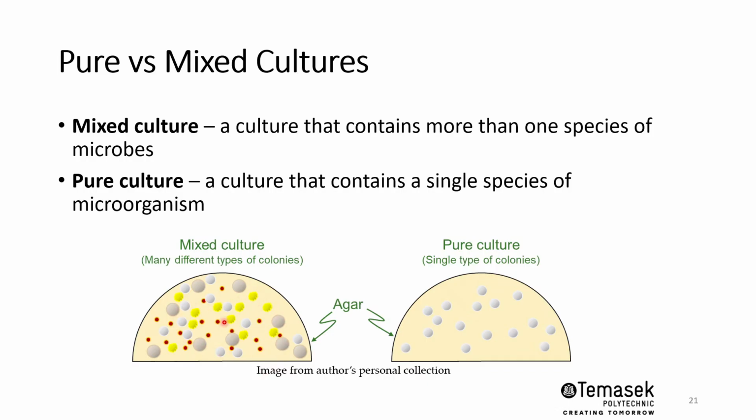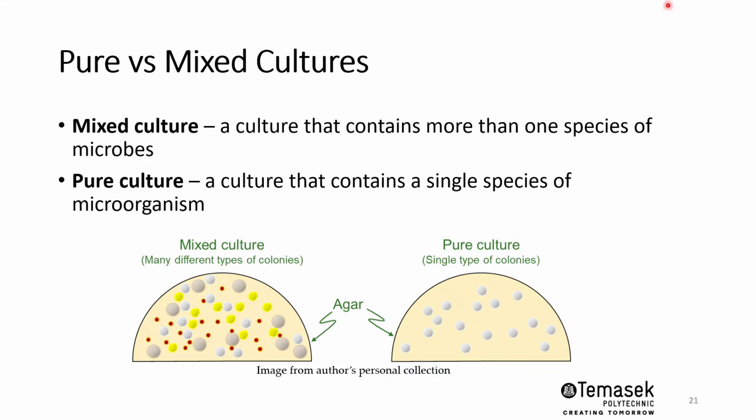Different species have different colony shapes and sizes, as shown here, grown on the agar plate. In contrast, pure cultures often contain only a single species of microorganism, and often they are of similar characteristics, i.e., these could be gray-looking or flattish-looking colonies on the agar plate itself.